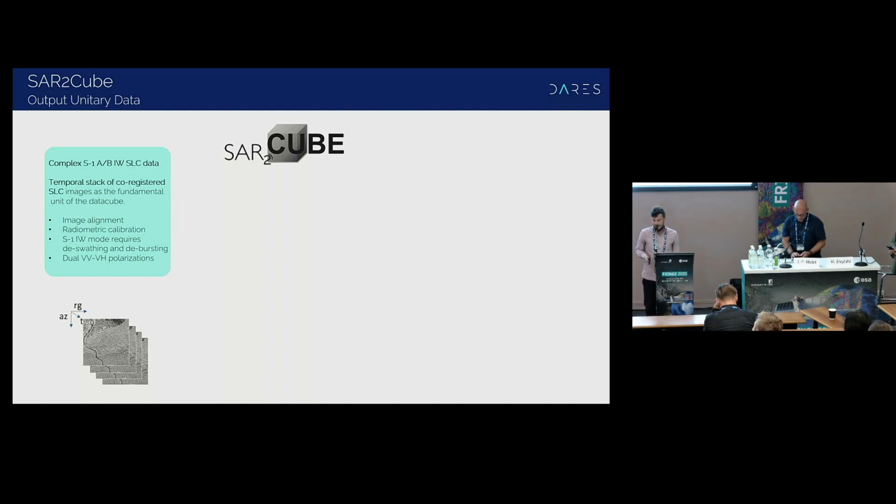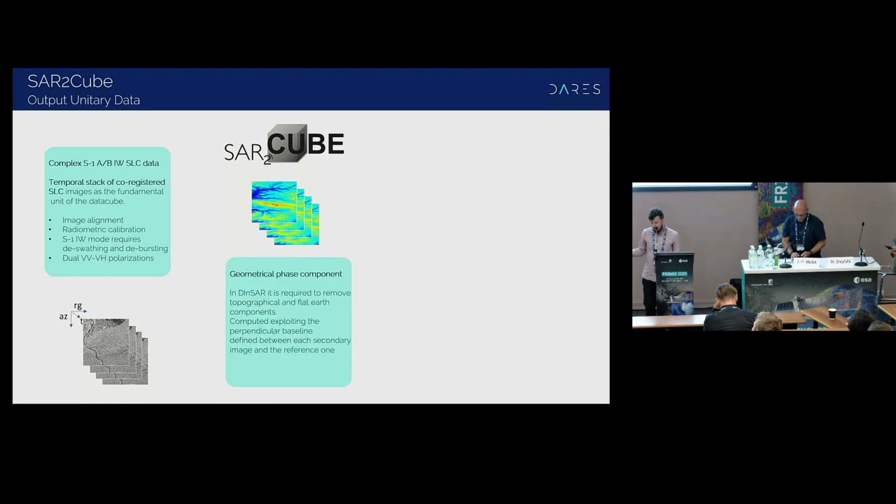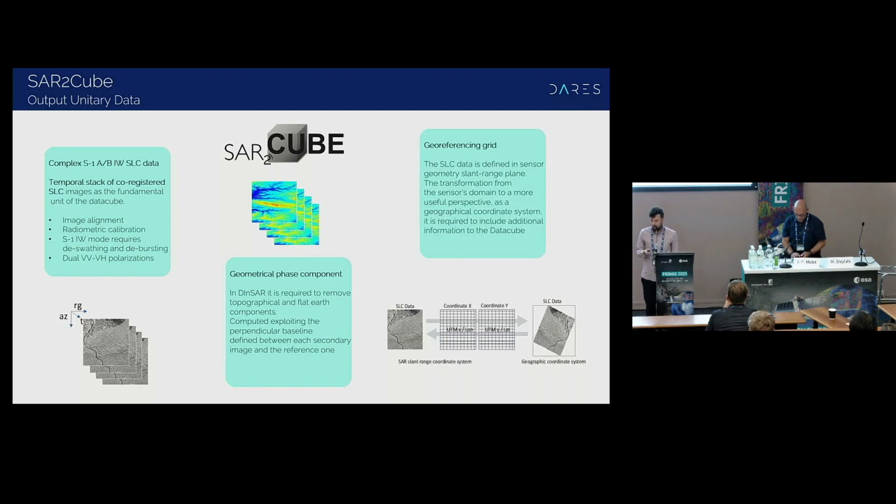That is a set of registered images to a single reference one. Then the geometrical phase component, unwrapped, that will be used later with the on-the-fly operator to pick a generic interferogram pair and compute the differential interferogram, and then a set of matrices to transform from slant range to geographic coordinates.